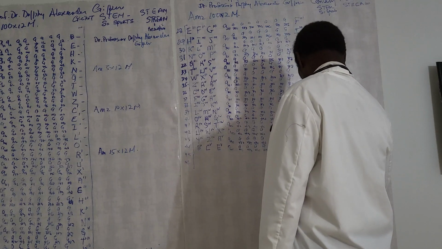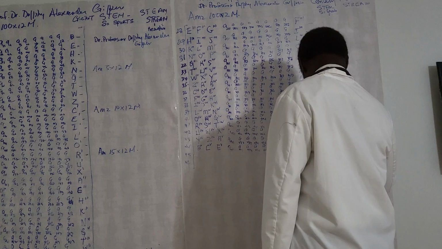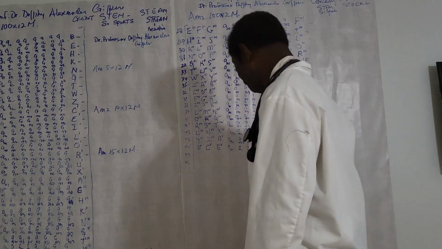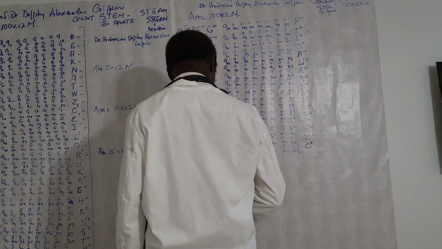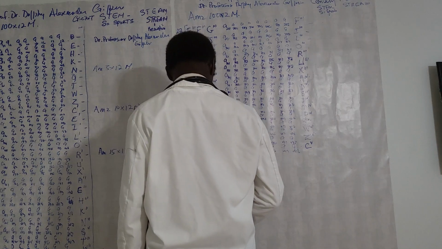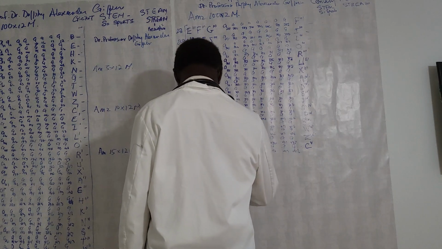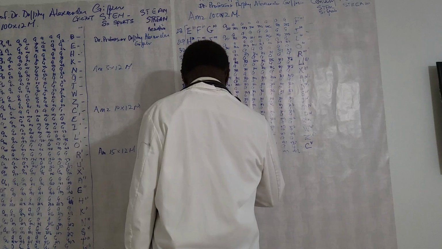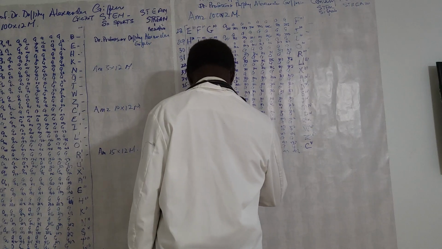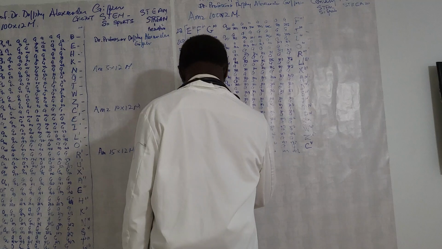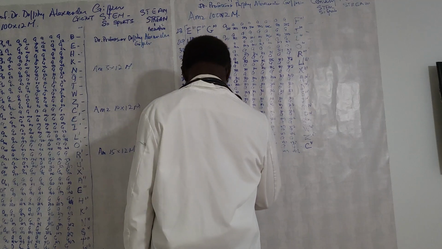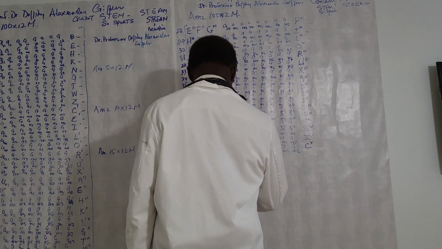And this is now C to the 5th differential order. So we have now F to the 5, G to the 5, H to the 5, I to the 5, J to the 5, and K to the 5.